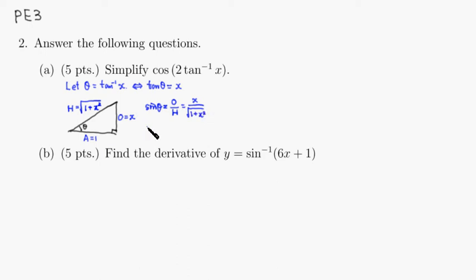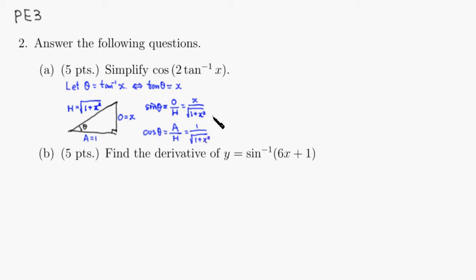And cosine of theta is equal to adjacent over hypotenuse, which is going to be 1 over the square root of 1 plus x squared.